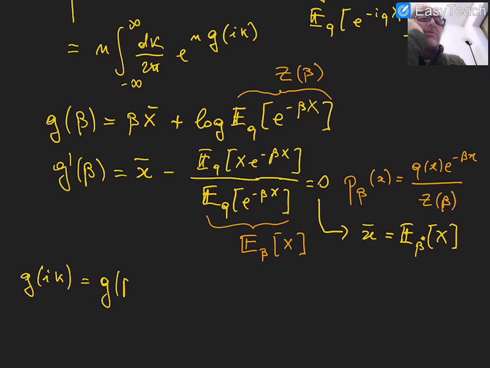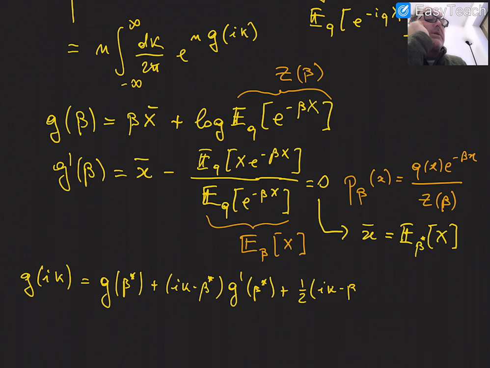So this will be equal to g of beta star plus ik minus beta star times g prime of beta star plus 1/2 ik minus beta star squared g double prime of beta star plus higher order terms. Now again, you realize that I've chosen beta star so that this is equal to 0, so the first term does not exist.